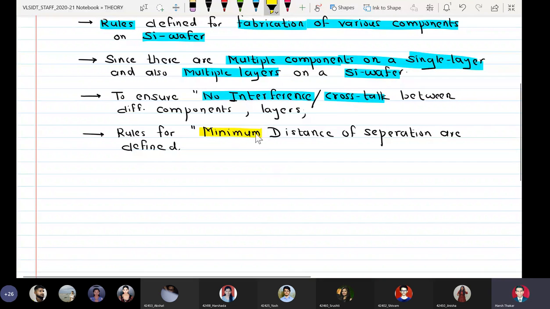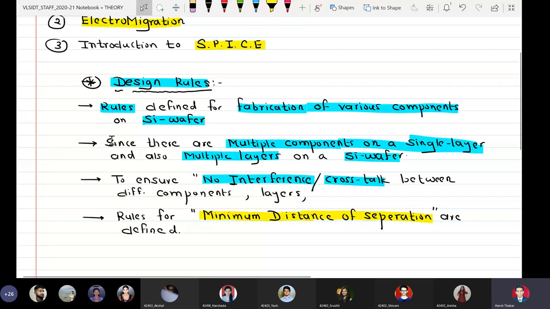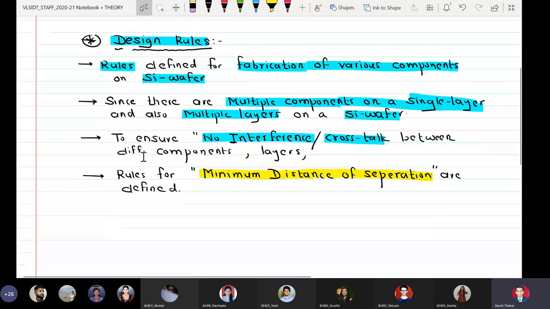So this is like the most precise definition of design rules. So minimum distance of separation are known as design rules. So design rules are nothing but minimum distance of separation values between different layers on a silicon wafer.